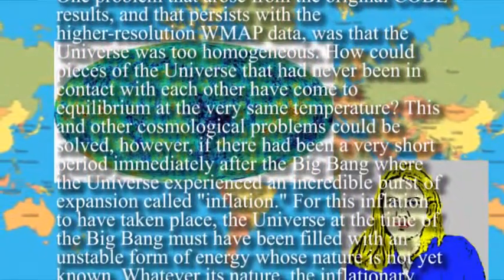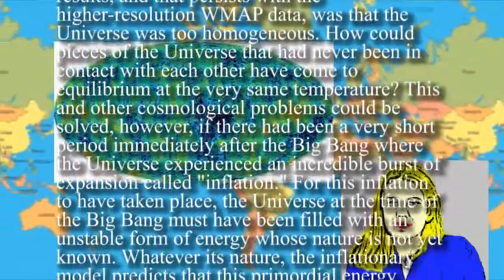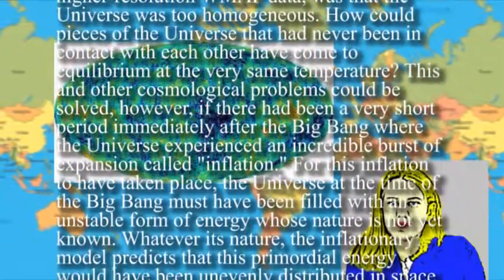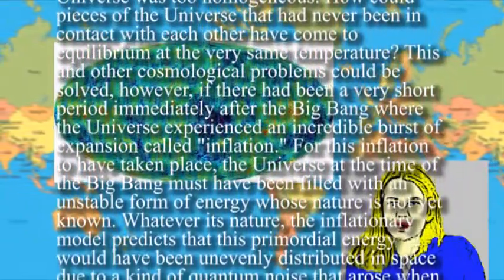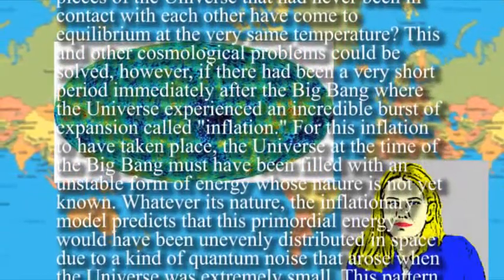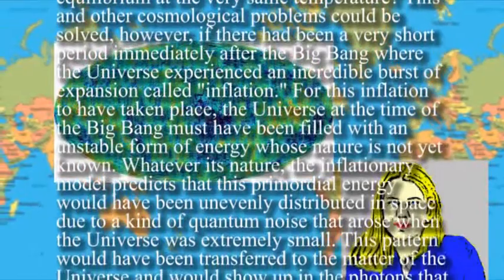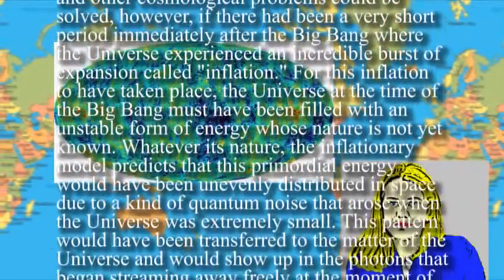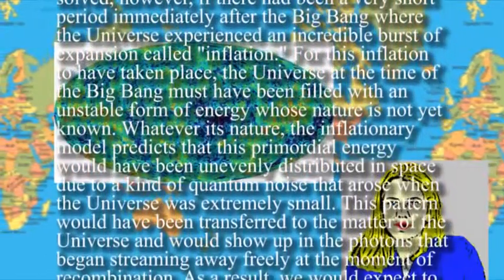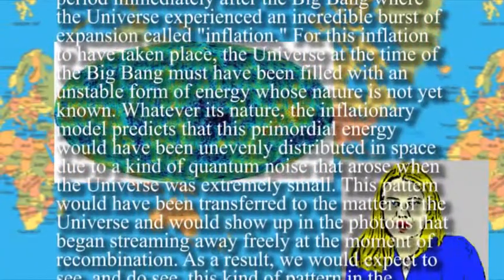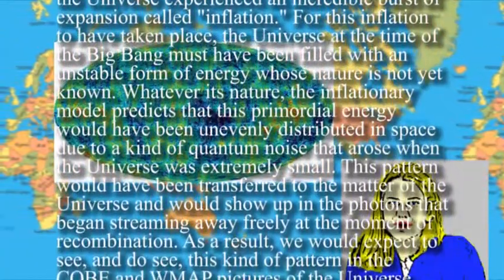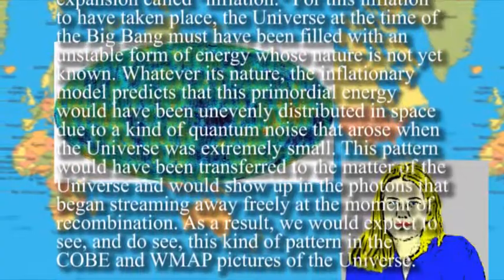For this inflation to have taken place, the universe at the time of the Big Bang must have been filled with an unstable form of energy whose nature is not yet known. Whatever its nature, the inflationary model predicts that this primordial energy would have been unevenly distributed in space due to a kind of quantum noise that arose when the universe was extremely small.